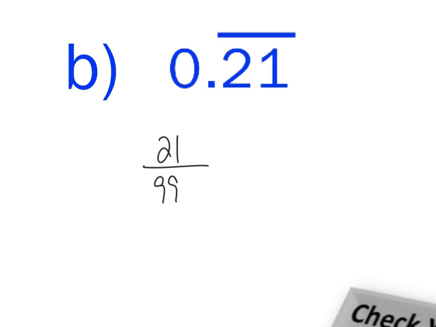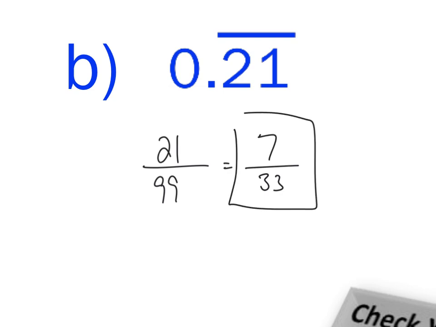How many 3s go into 21? Very good. How many 3s go into 99? 33. So 0.21 repeated would be equivalent to 7 over 33.